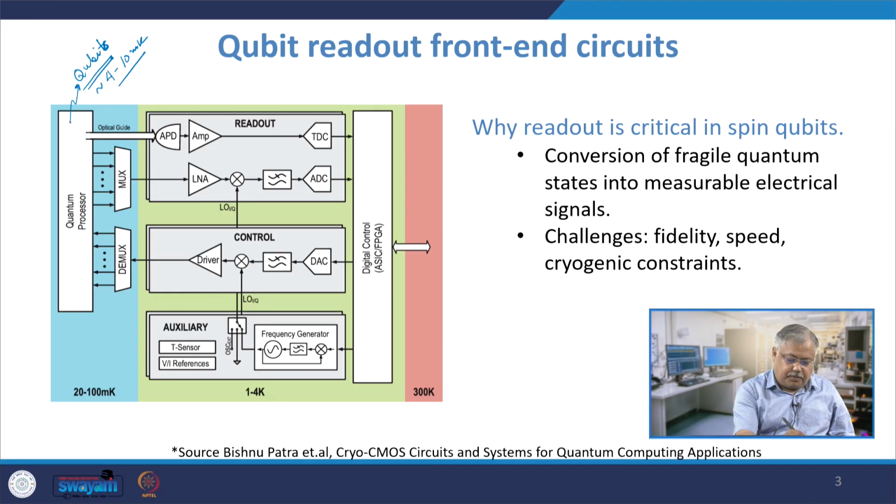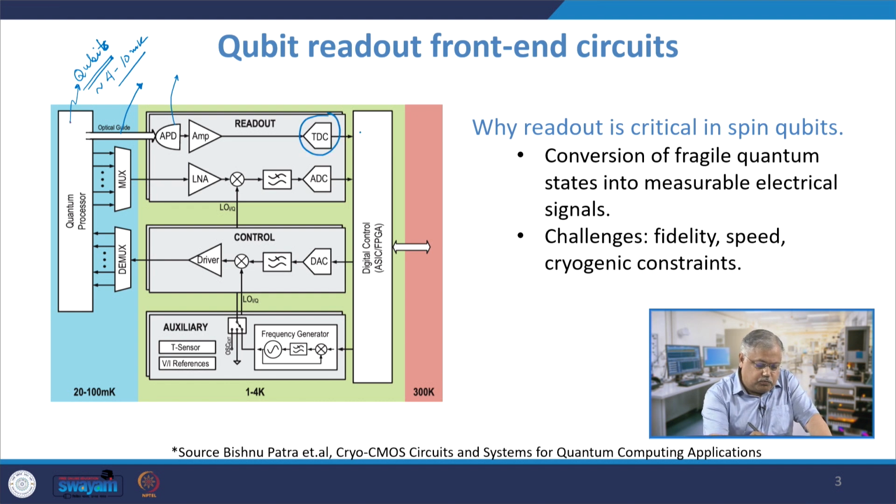If we have an optical methodology of detection, then we use an optical waveguide here which drops into an avalanche photodiode, APD, which we have already studied earlier. That goes into a low noise amplifier, which does a readout circuitry. Then it goes to a TDC, time to digital converter, followed by which a digital output is put at this particular point, and then they are used to control the demux here.